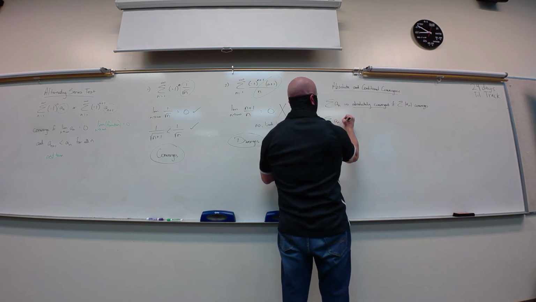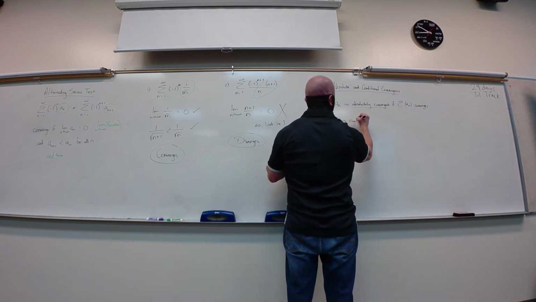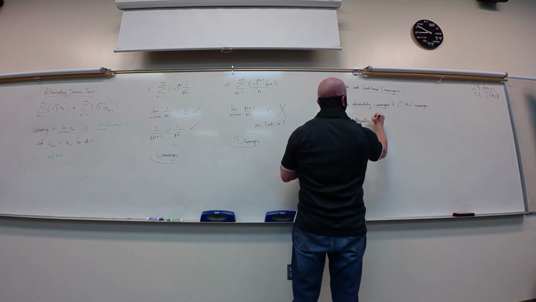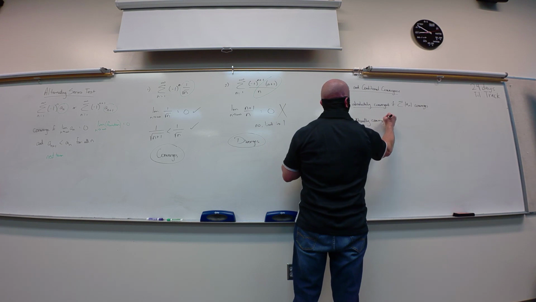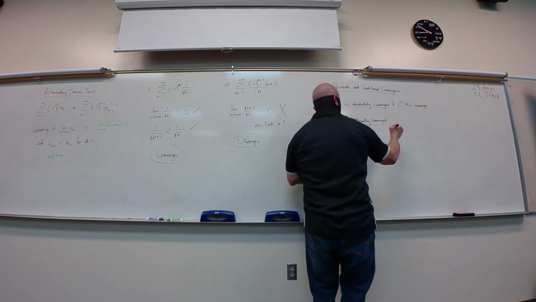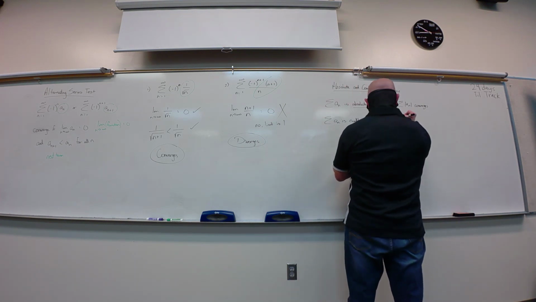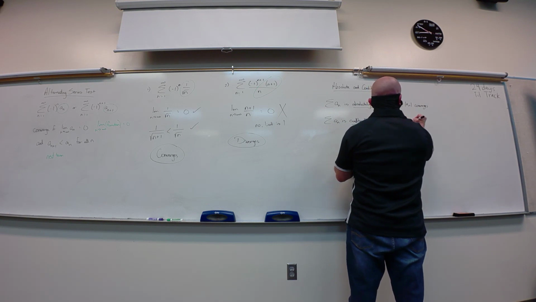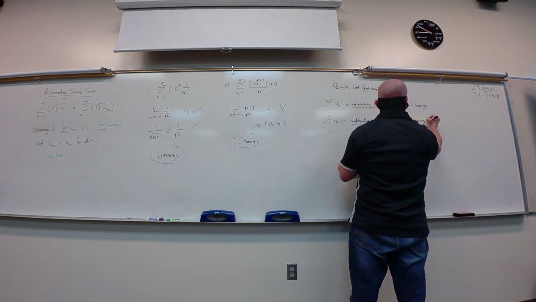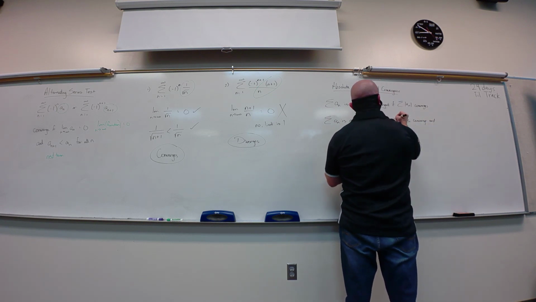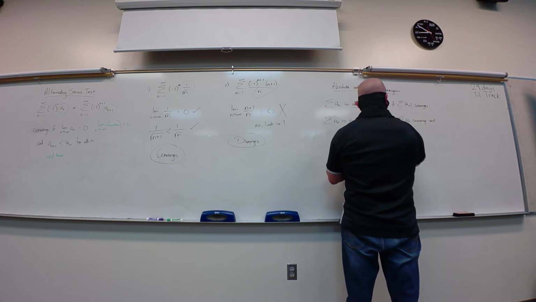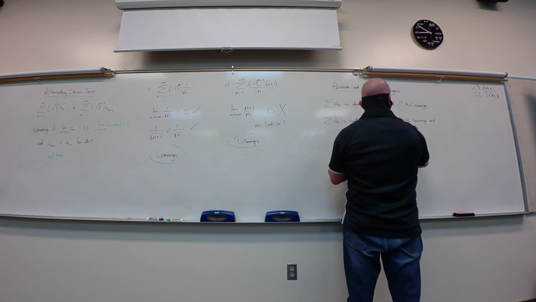The sum of a sub n is conditionally convergent if the sum of a sub n converges and the sum of the absolute value of a sub n diverges.